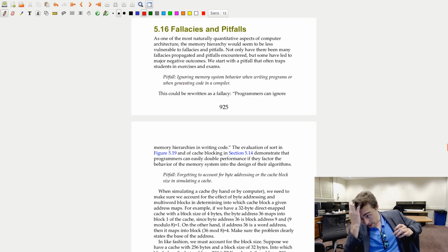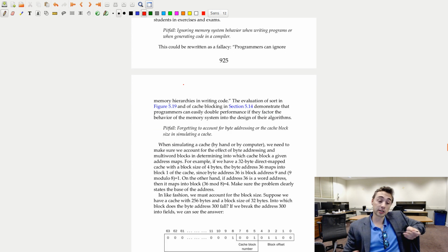Oftentimes we still get this idea of garbage in, garbage out. So we should try to structure our programs as best we can to a reasonable extent to be friendly to the memory system that we're working on. And this is 100% necessary with GPUs, where we're forced to do this. So let's look at pitfall number 2.